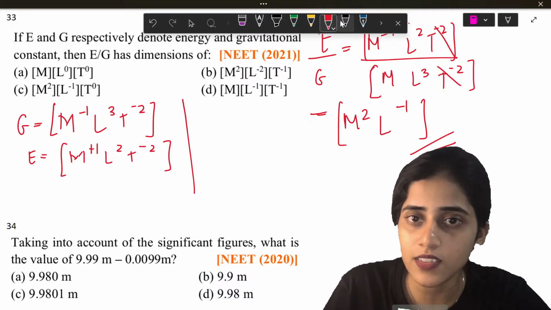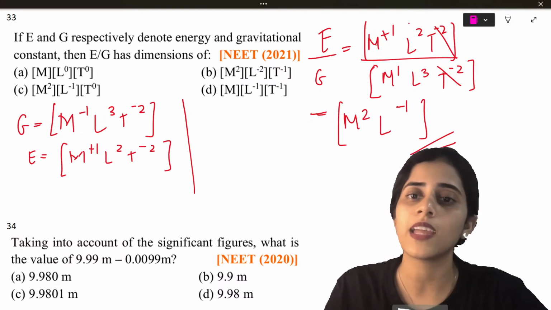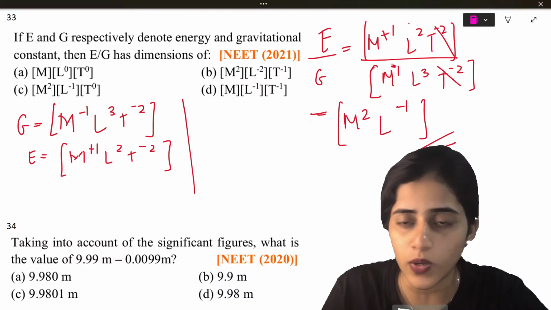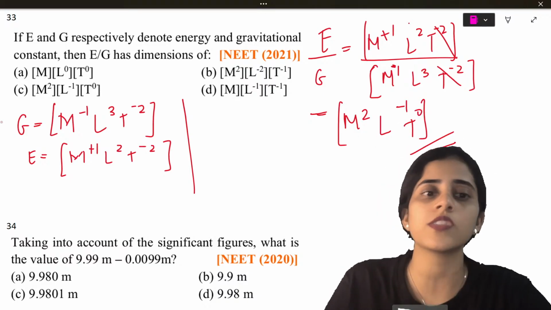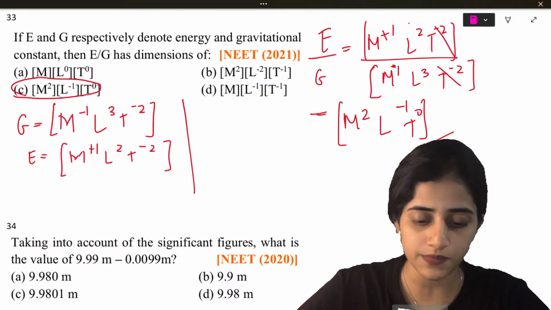Sorry. This is plus 1, this is minus 1. So when it goes up, it becomes G is minus 1. T raised to 0. So it's option C.